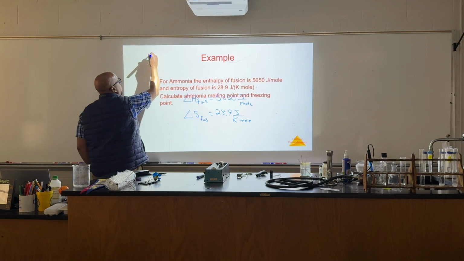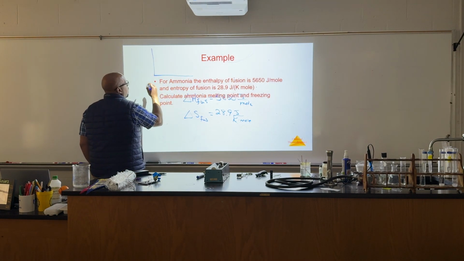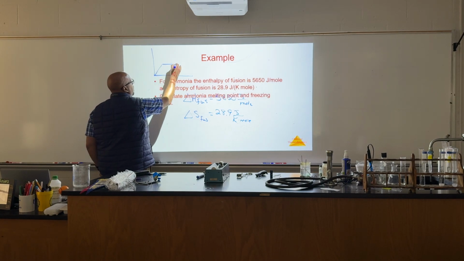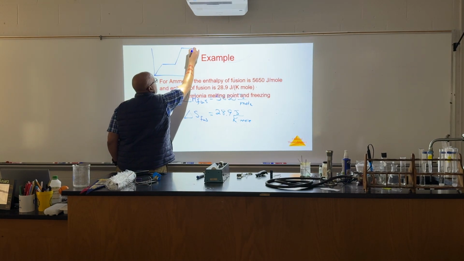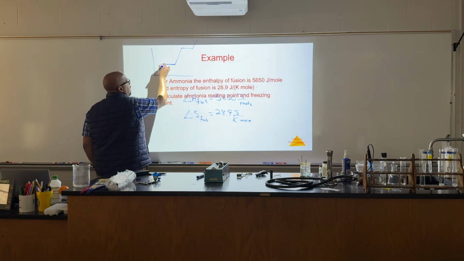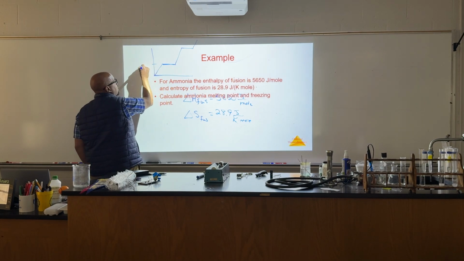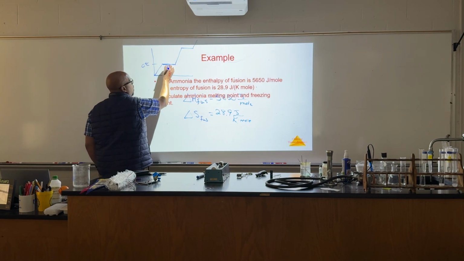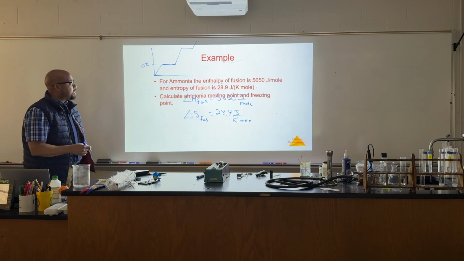Now, one of the things you've got to remember is that when we think about melting and freezing, looking at a heating curve here, I know that this is where the melting and freezing is going to occur. And because melting and freezing occurs at the same temperature, I know what's going on here. That's an equilibrium that's existing.